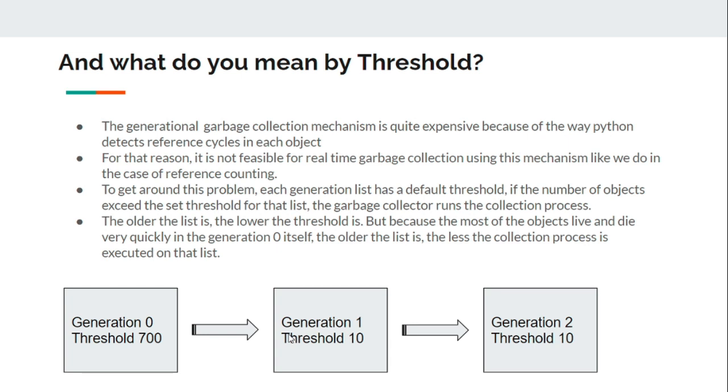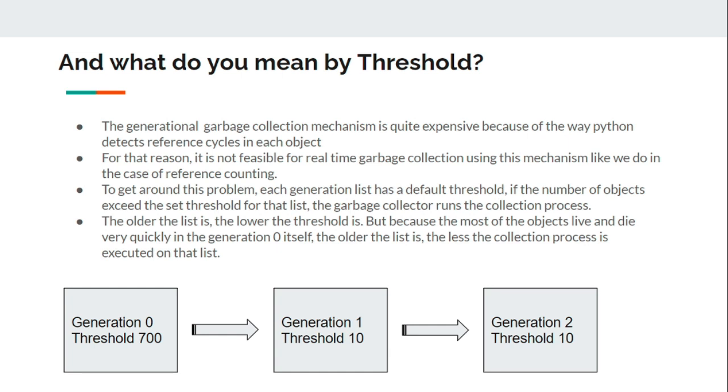In the case of generation 1 and generation 2, the threshold is 10. When the Python memory manager sees that generation 1 is crossing the limit of 10 objects, it is going to run a garbage collection round on generation 1.